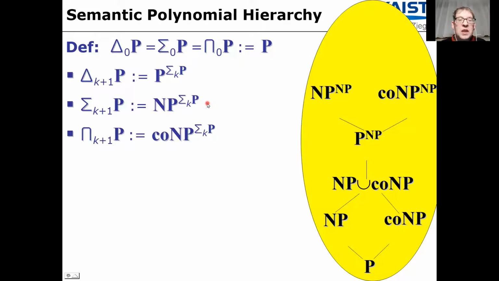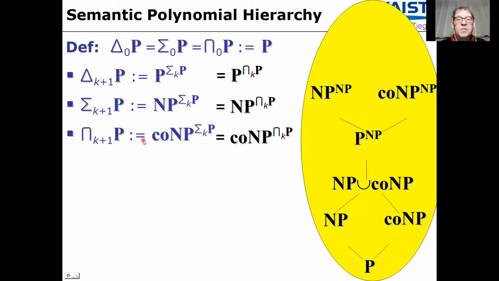And similarly, co-NP generalizes to the class pi k plus 1, with P again indicating that we're not talking about the arithmetic hierarchy, but the polynomial hierarchy. And since an algorithm can flip the answers to oracle queries, it's the same if we use an oracle in the class sigma k or an oracle in the class pi k, because pi k problems are just the complements, the negations, of sigma k problems.